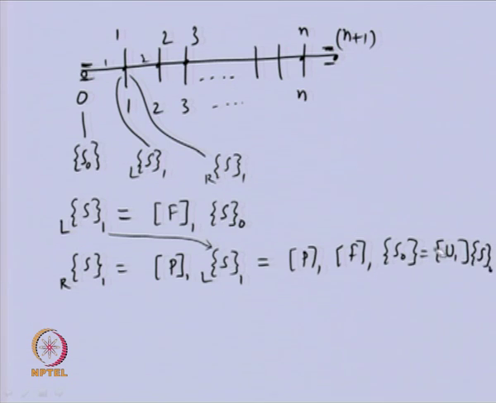So, if we multiply the transfer matrix U1, which is the multiplication of P1 and F1, ordering is important, again I am stressing, with the state vector at station 0, we can get the state vector to the right of disk 1.